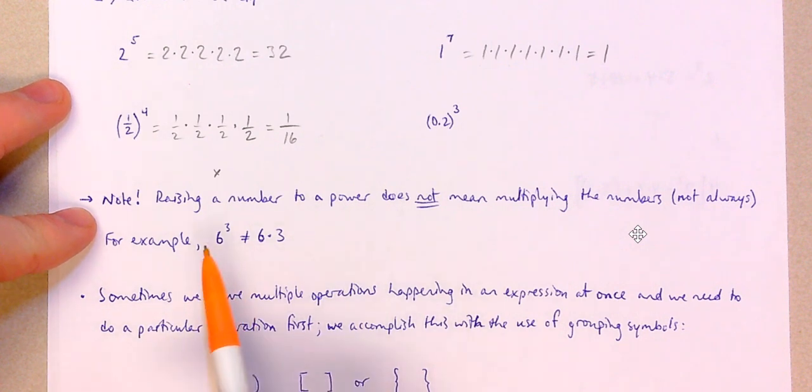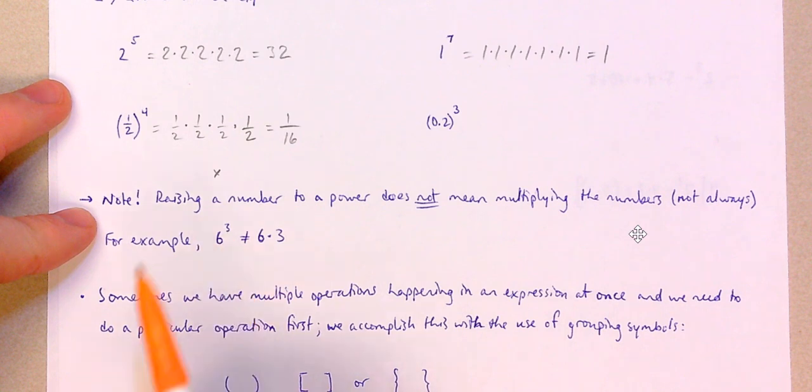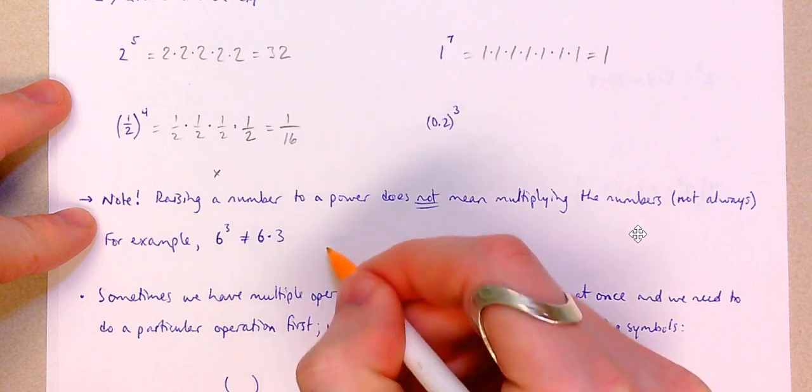Just as a quick sample here, if you take 6 and raise it to the power of 3, that is not the same thing as 6 times 3. So a number raised to a power is not the same thing as the base times the exponent, or the base times the power that is on it.